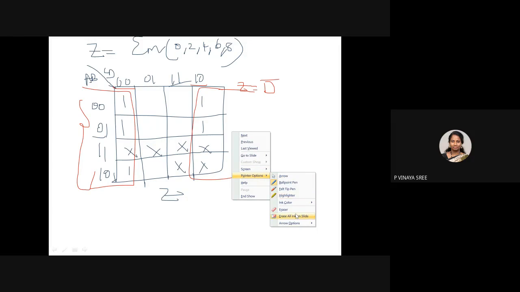Before going for the logic diagram, I'm clearing this. Just tell me the expressions. W equals to A plus BC plus BD.